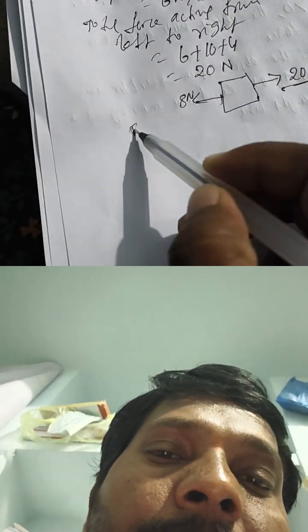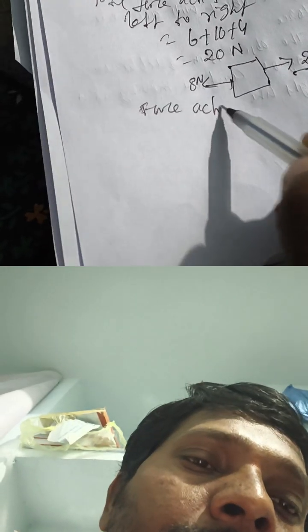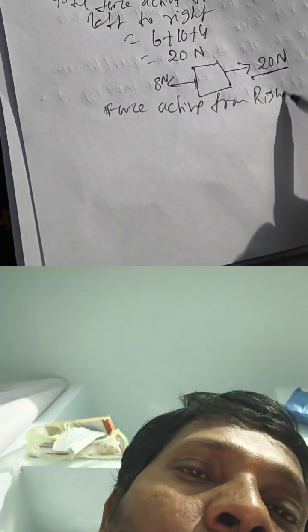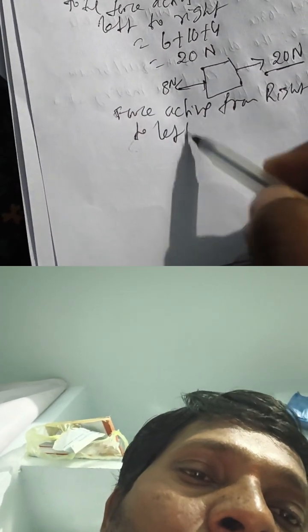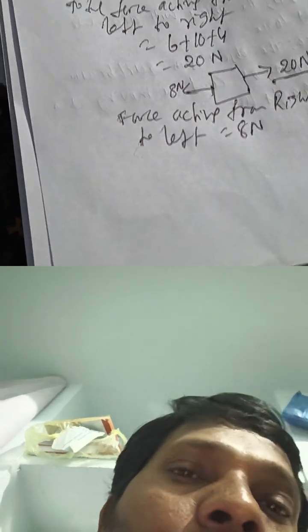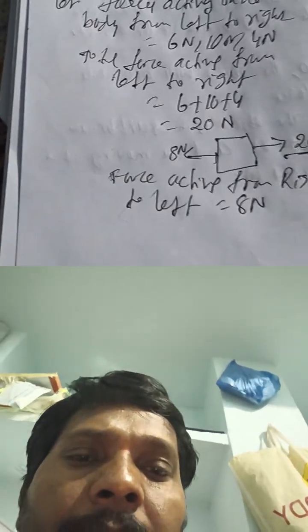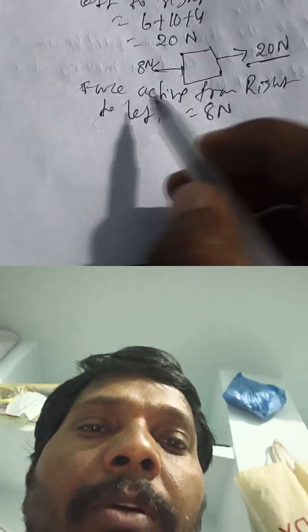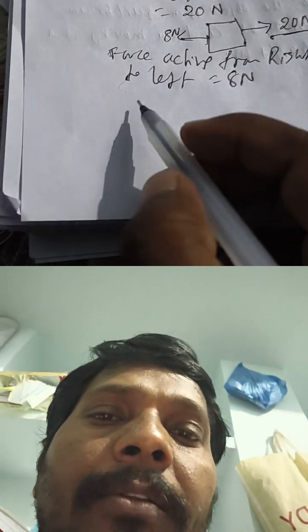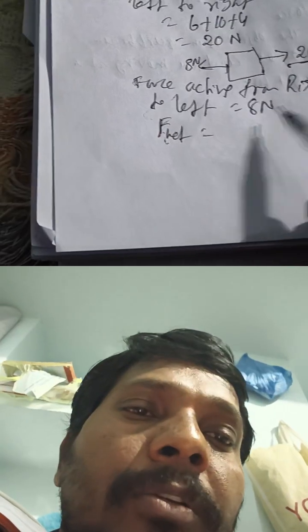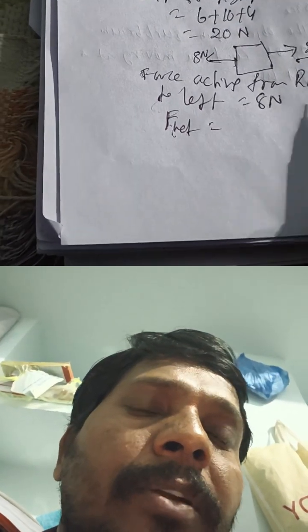Then force acting from right to left equal to 8 newtons. Now calculate the resultant force or net force. F net is equal to, this should be considered as F1, F2.